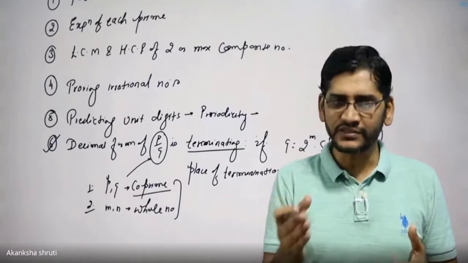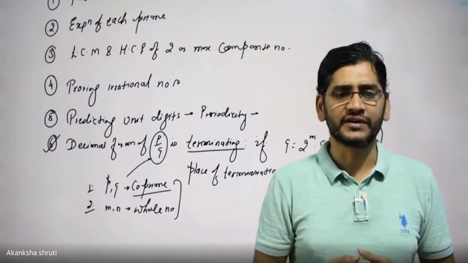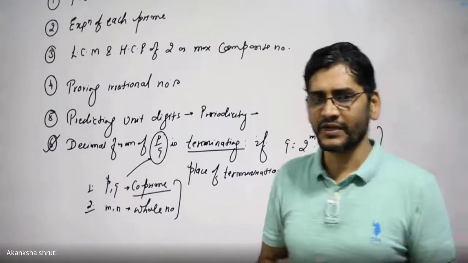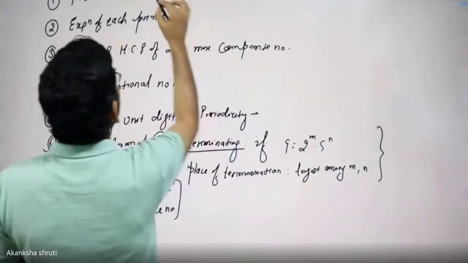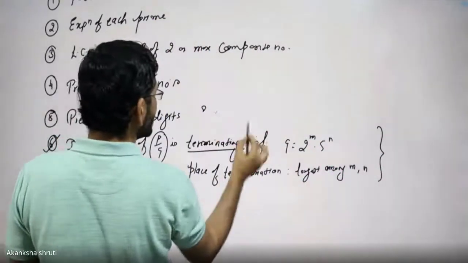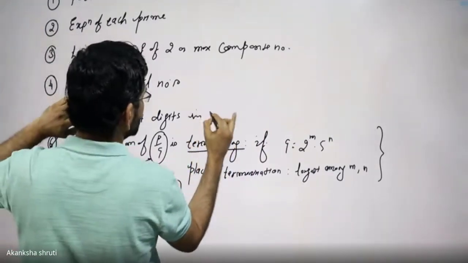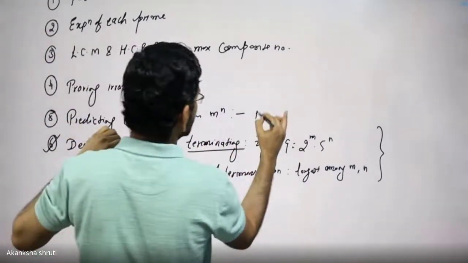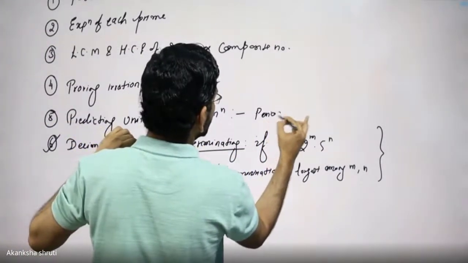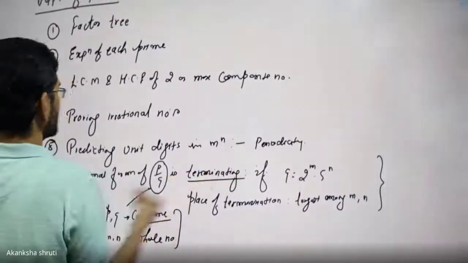You can collect it, and only those are the possible unit digits. Others cannot be possible. So predicting the unit digit of M to the power N is based on periodicity. You may see the videos where we have done this.